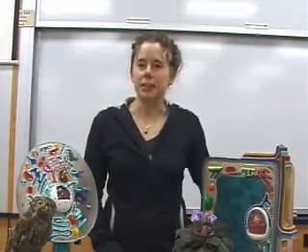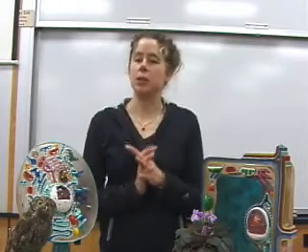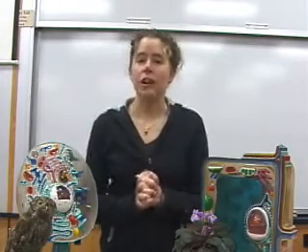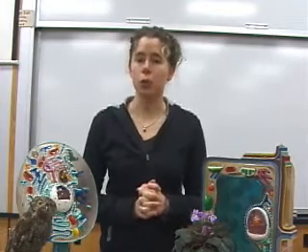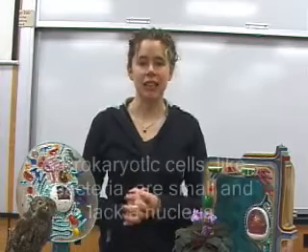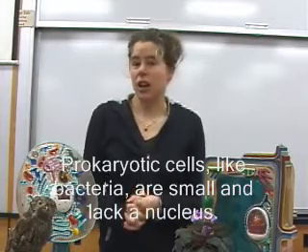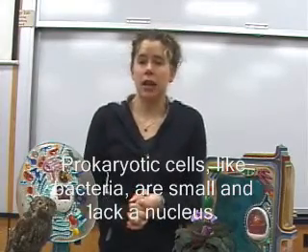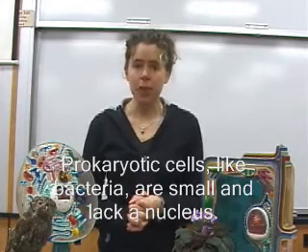So let's start by making an imaginary division between all life. We're going to divide all life into one of two forms. They are either made of prokaryotic cells. These are bacteria, things like E. coli, good bacteria, bad bacteria, and everything in between.